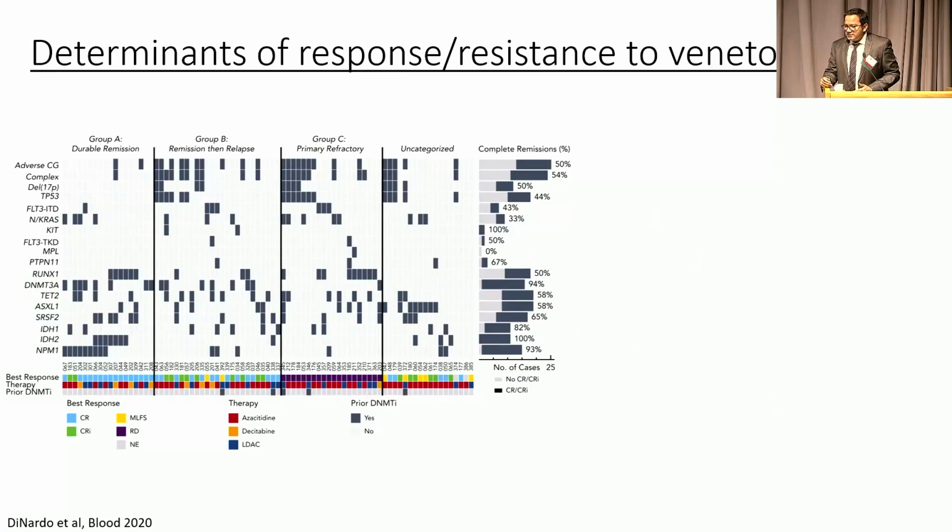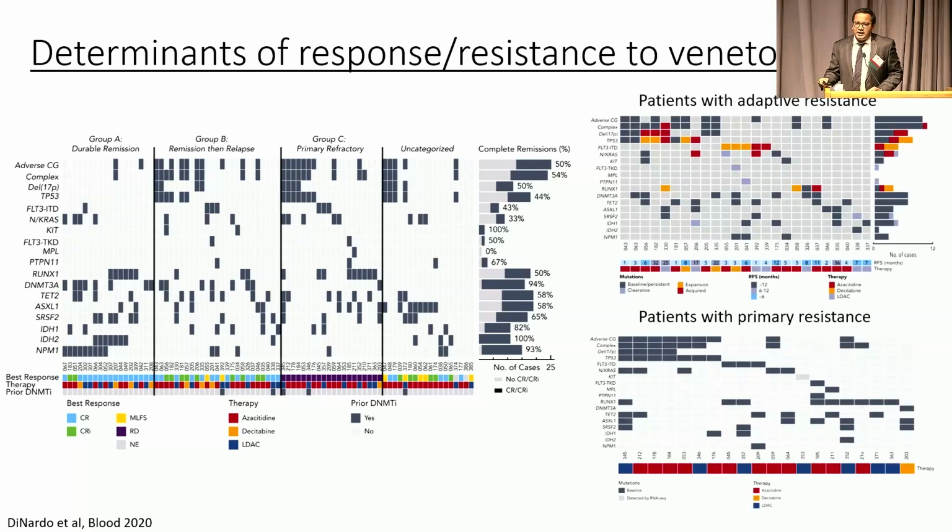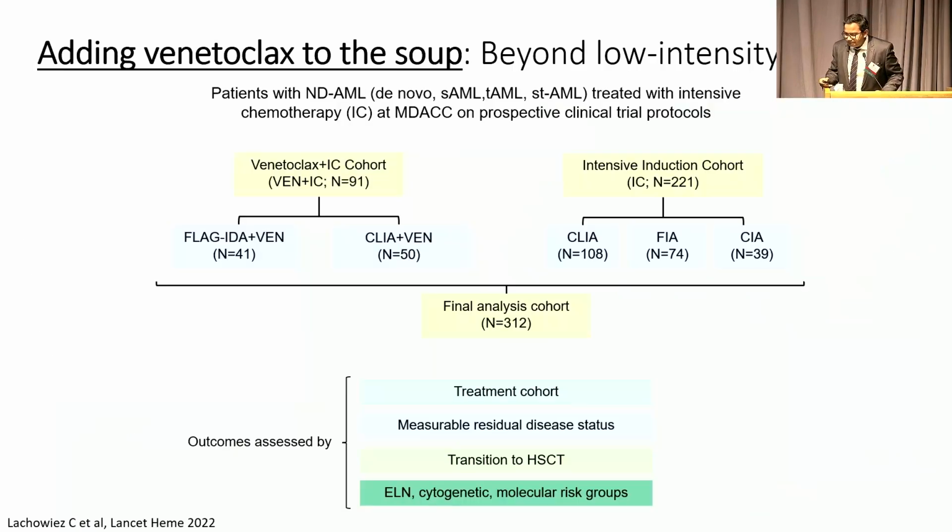In the same year, a few months later, a correlative analysis was published by Dr. Donato from our group, which looked at patients who had durable responses with ven-based therapies, responses which relapsed soon after, or primary resistance. There appeared subgroups of patients, primarily with TP53, complex karyotype, and FLT3-ITD, who even if they attained responses, these were not truly clinically meaningful responses, and thus became the first palette on which determinants of response and duration of response to venetoclax were read out.